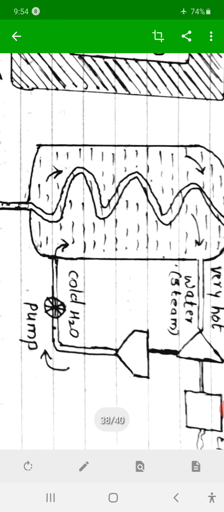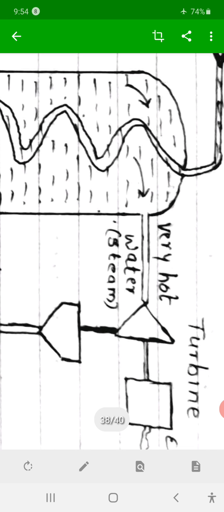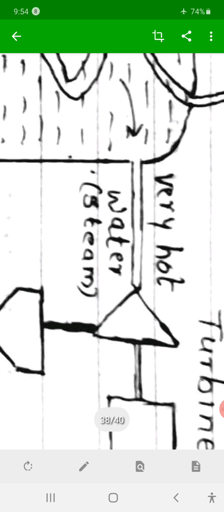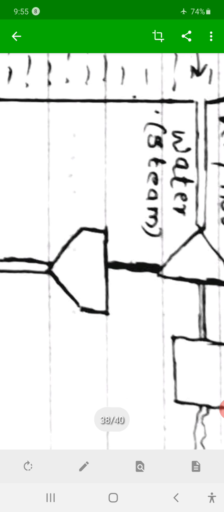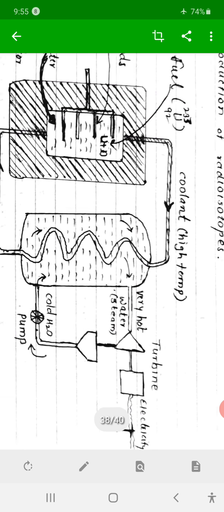From the lower side cold water is passed, then from the upper side very hot water, that is steam having very high pressure, comes out. That is passed to turbines, and the turbines generate electricity. This is the general layout of nuclear reactors.